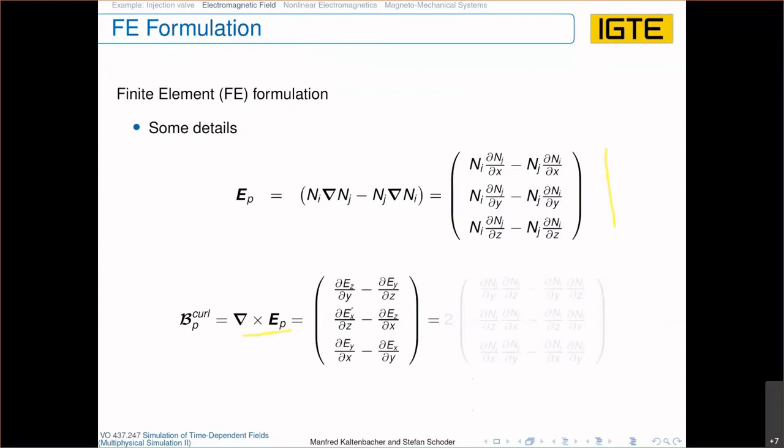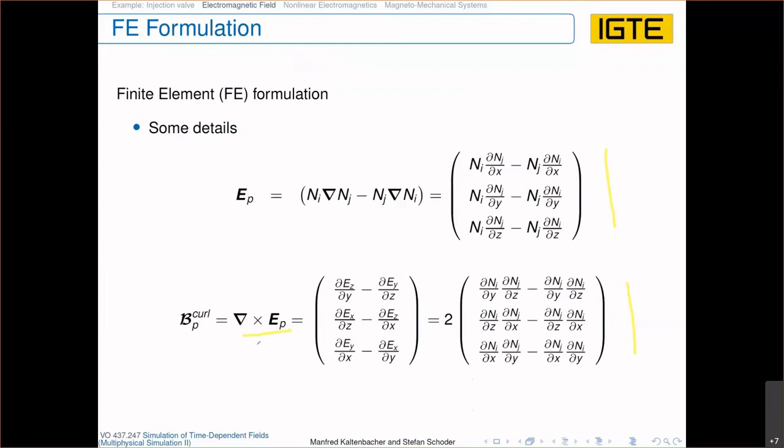And since we use now, in our case, these linear functions, any mixed derivative or second derivative will be 0, which means what we get out is then this explicit expression here. And with the explicit expression here, we have now computed our curl of such a vectorial basis function.